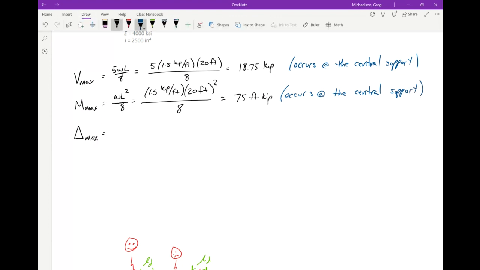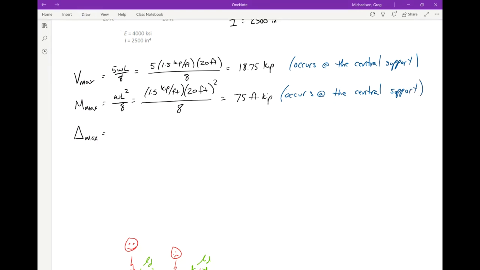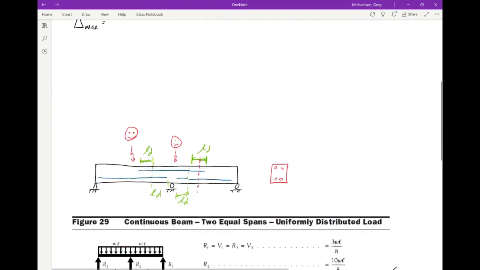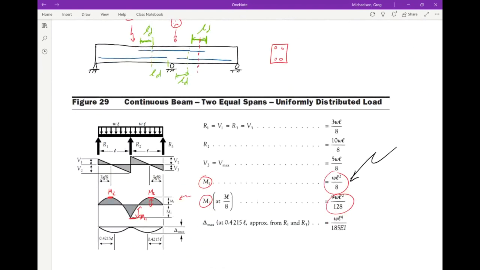And then finally, we have our maximum deflection. Going back here, I'm looking at that box right there. The maximum deflection is WL to the 4th over 185 EI. That's the formula I'm going to use.